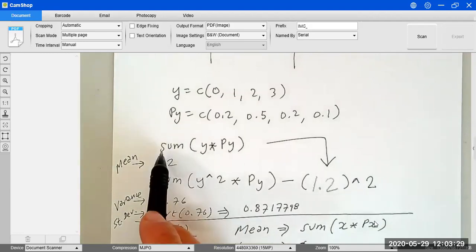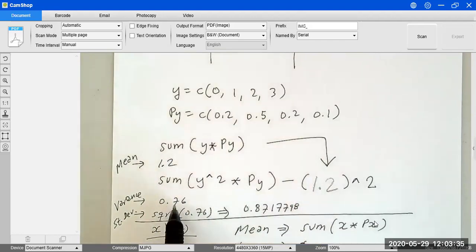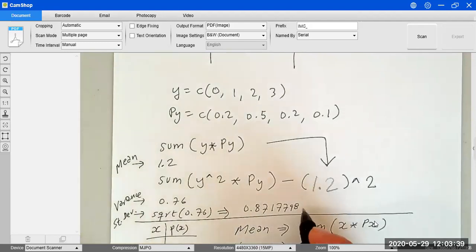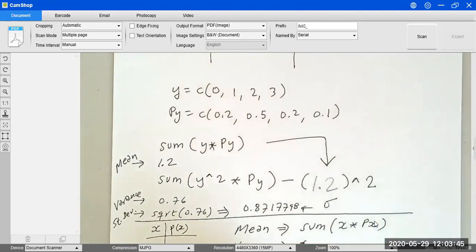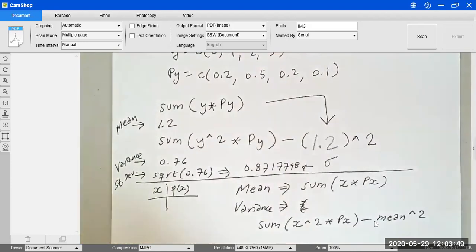When we apply this formula, we got 1.2, then we put 1.2 here, then we do this operation, and we got 0.76, then we take the square root, and we got this. So this is the standard deviation of the values. You have the formula if you want to use x's instead of y's, and the answer is going to be the same.